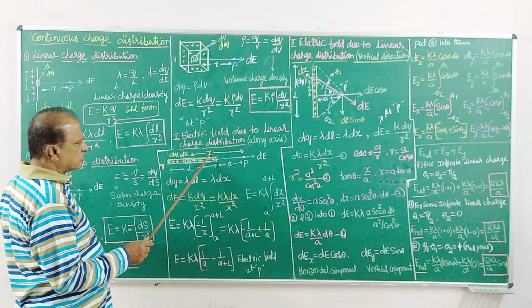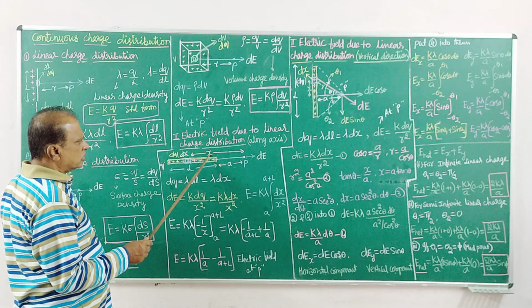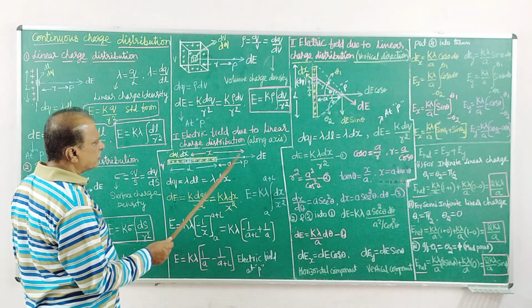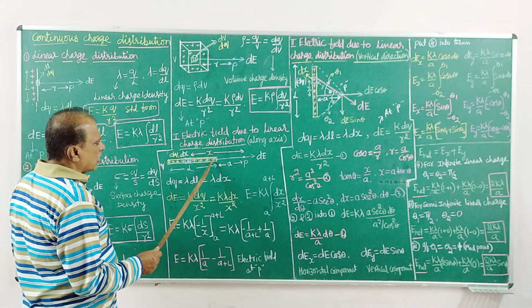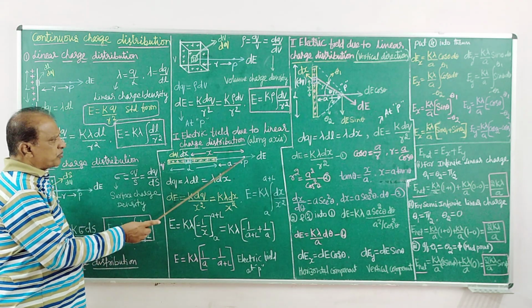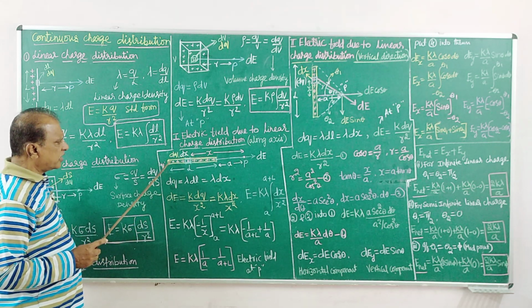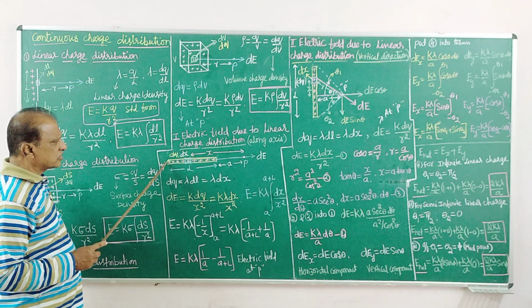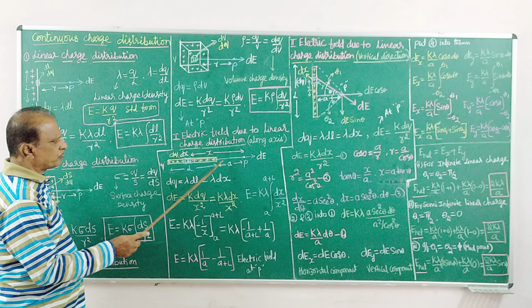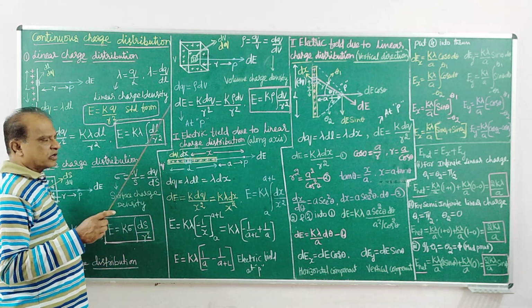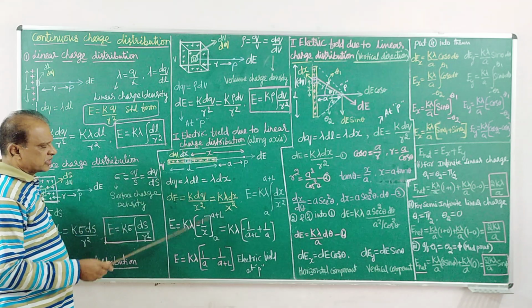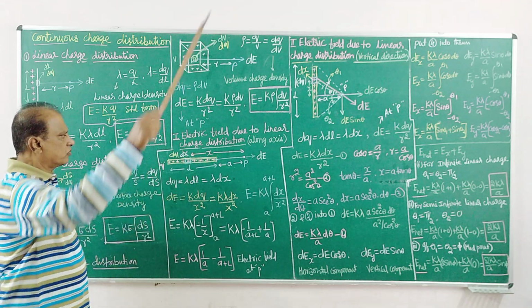Also the distance of this point from this end of the charge is a, and the distance of the point from the other end of the linear charge is L plus a. This kind of geometrical drawing is required for this mathematical derivation.